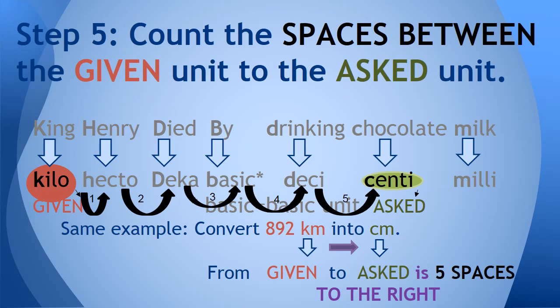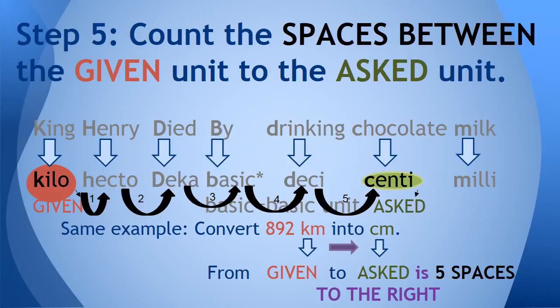Step 5. Count the spaces between the given unit to the asked unit. Again, looking at your order of metric prefixes, your given unit is kilo in the same problem. Convert 892 kilometers into centimeters. We're going to count the spaces between kilo to centi, your asked unit.